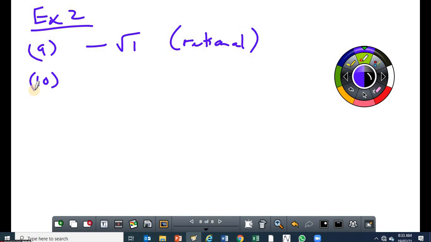Then number 10, you have the square root of 2 over 2. Is that rational or irrational? It's irrational. Why is it irrational? It's mainly because the numerator is not an integer, so that's irrational.